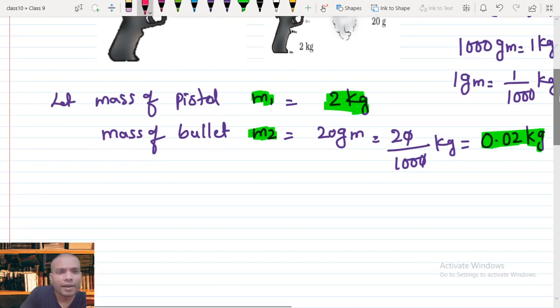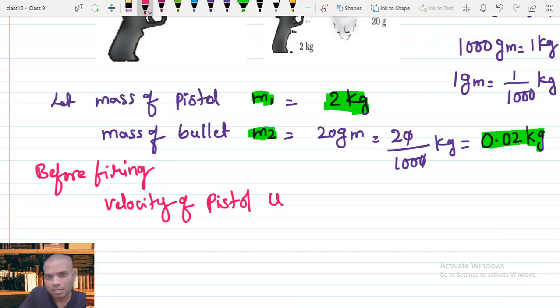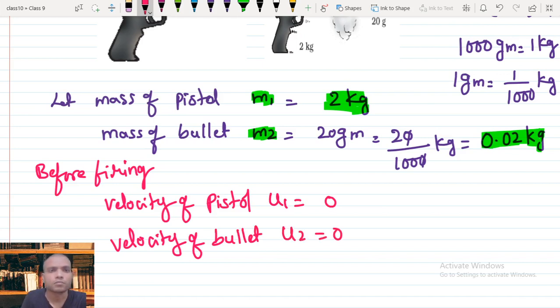So before firing, the velocity of the pistol, I can take u1 equal to 0, and the velocity of the bullet, we take u2 equal to 0. So this is the condition we are talking about before firing.